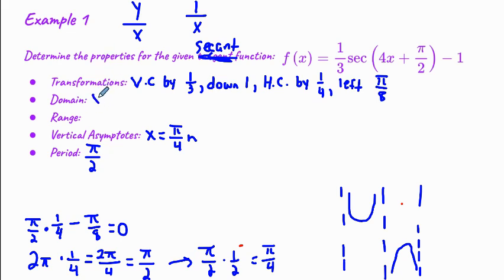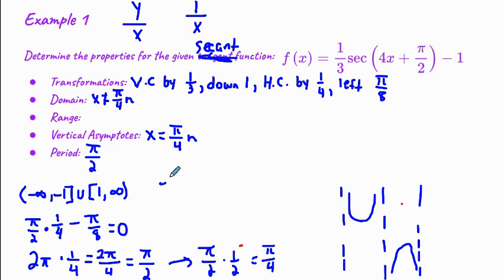And then from there, it's pretty simple. The domain is x does not equal pi over 4 n. Now the range, we actually have to do some calculations. Remember, our initial range is negative infinity to -1, union 1 to infinity. So we're going to calculate this like we do sine and cosine.